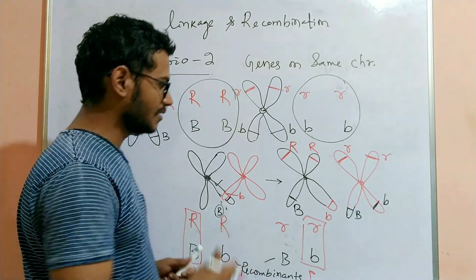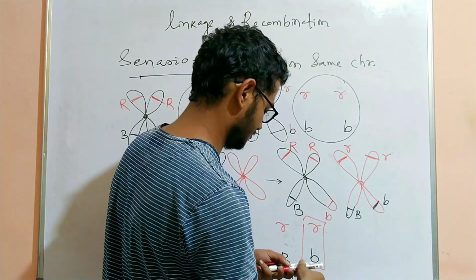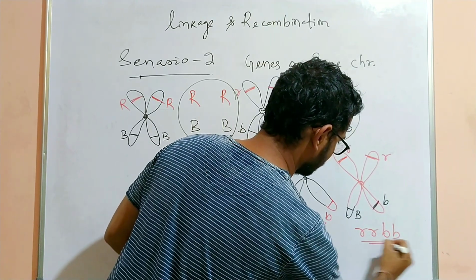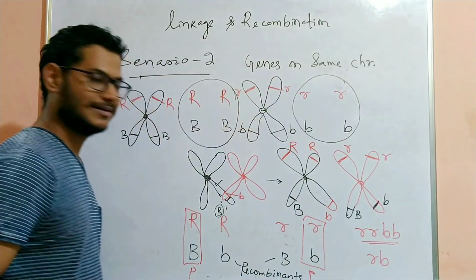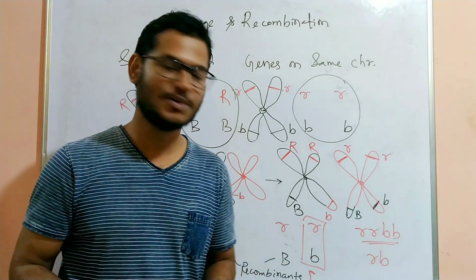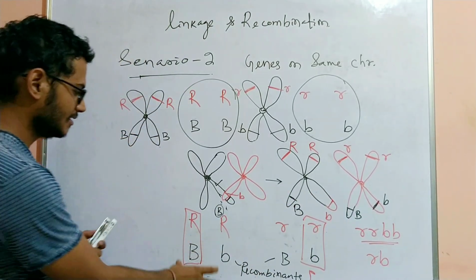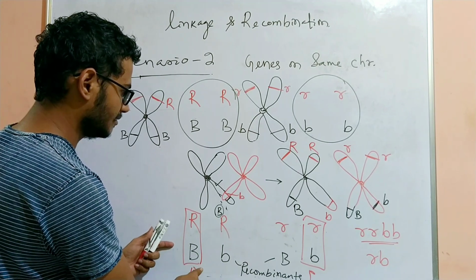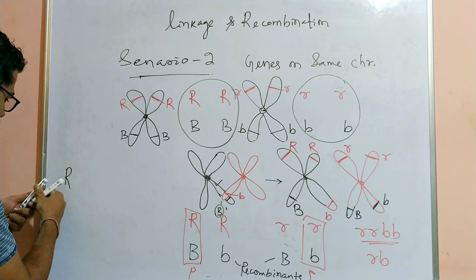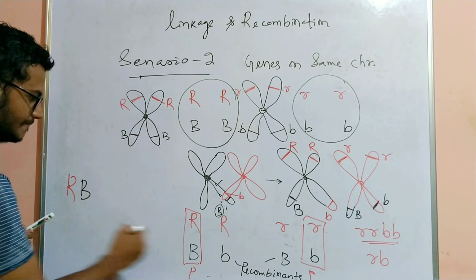So now when we will go for test cross, we will have another plant having smaller, small b. So from here we have the gamete smaller, small b. Now what will be the result of the cross between these two? Let's see what will happen. Here capital R, capital B is there, and capital B is there.